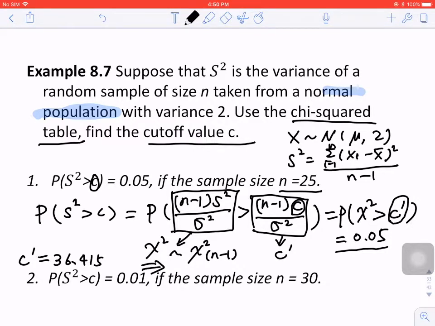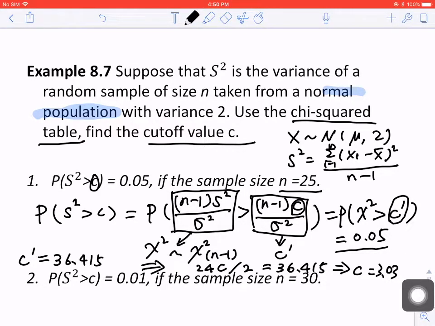Because n is equal to 25 and n minus 1 is 24, 24 times c multiplied by 2 is equal to 36.415. So you can have your value of c, which is 0.03. So that's the basic way to solve such questions.